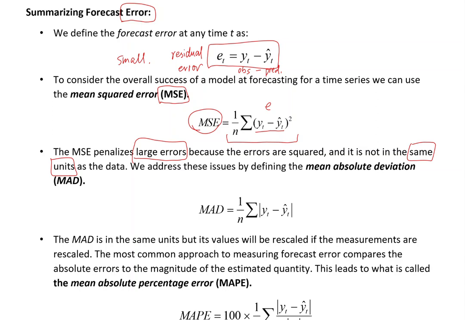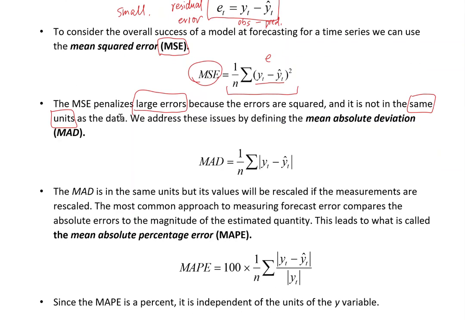So to improve this, we have the next standard, we call it MAD, right? It is MAD. So what is MAD? It is the mean absolute deviation. Right, so since MSE penalizes the large error because we square it, then what about if I don't square it?